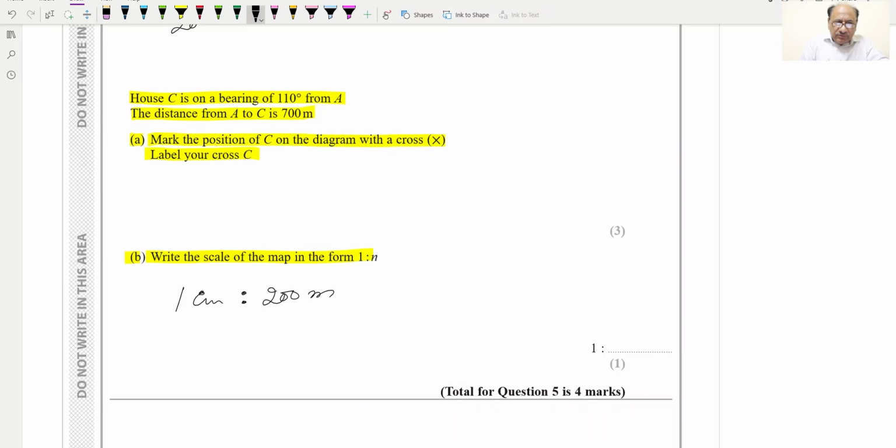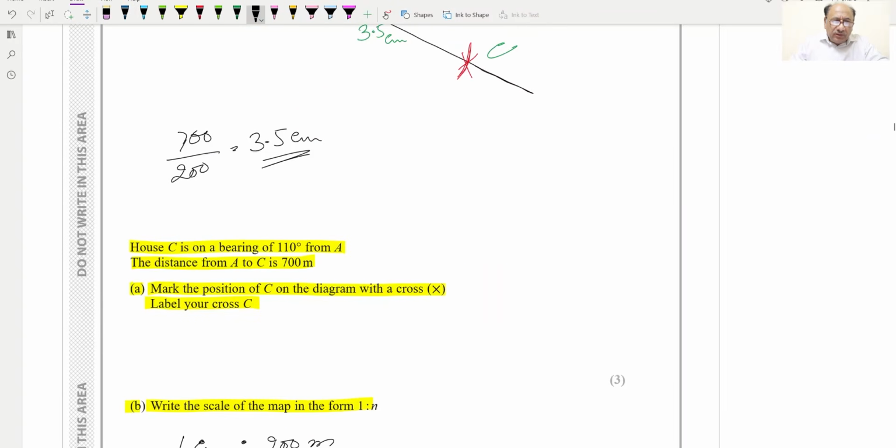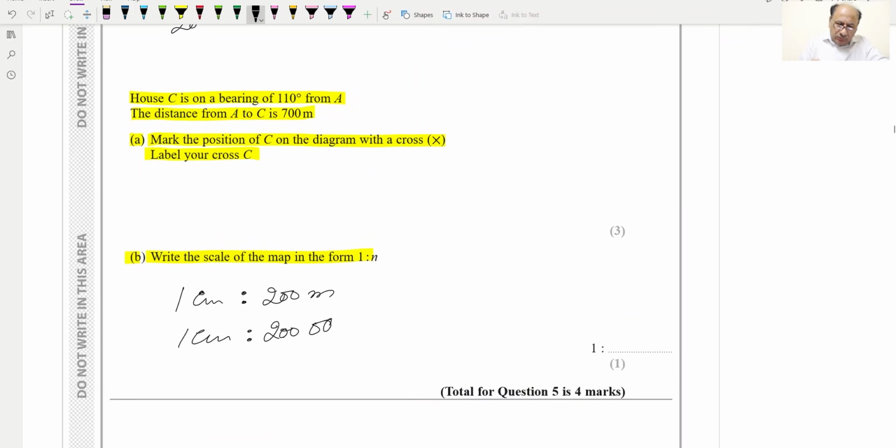These units are different, so we'll unify the units by changing meters into centimeters. So 200 meters will be multiplied by 100 to convert to centimeters.